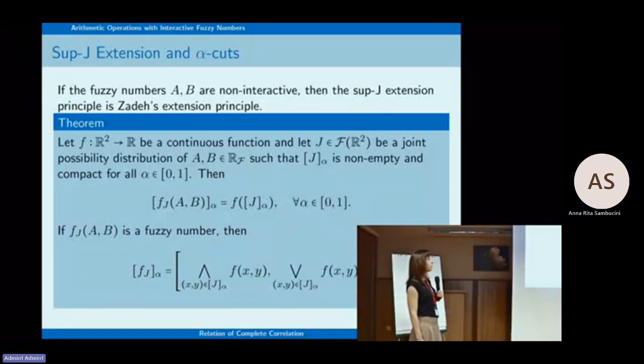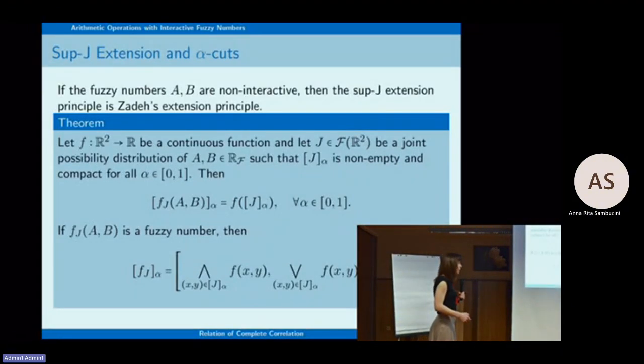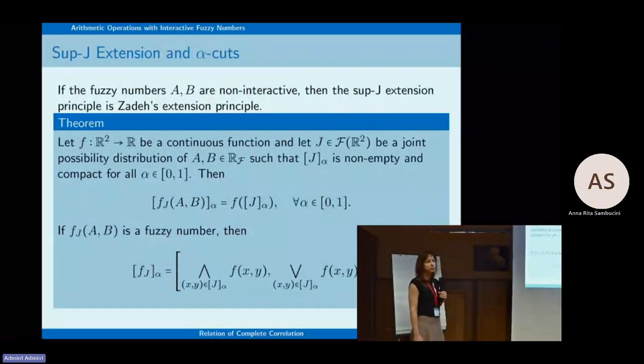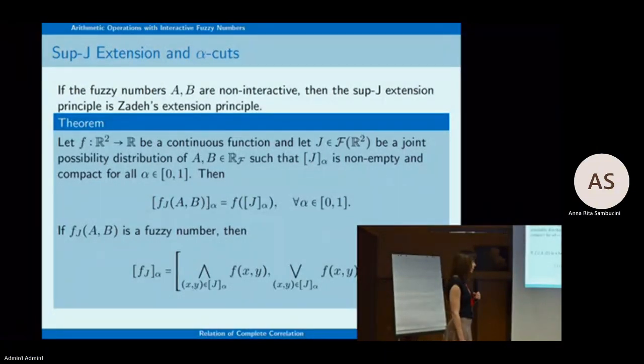So if we have the extended function, then we see that this property holds, and if the extension is a fuzzy number, we can directly obtain the infimum and supremum of these alpha-cuts given for these elements which are joined by the interactivity relation J.